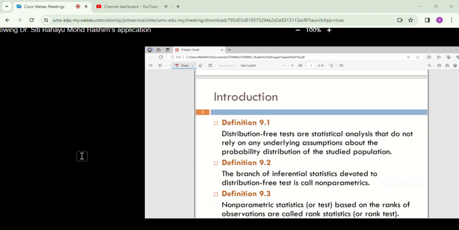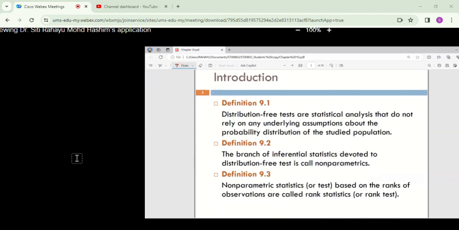Now, let's look at what non-parametric means. First of all, you need to understand what is meant by distribution free test. It means there is no assumption on the distribution of the data, no assumption about the shape of the distribution of the data.